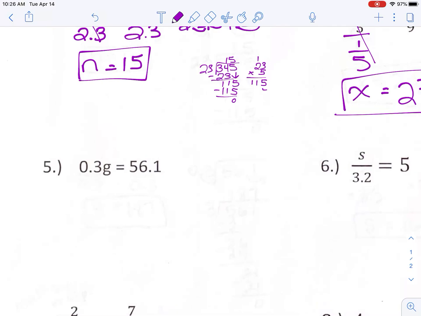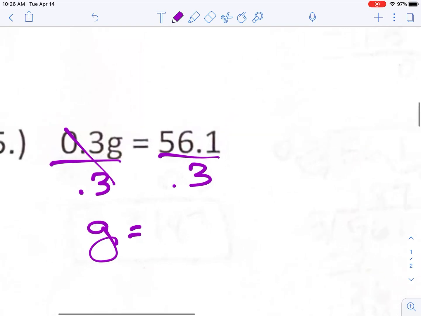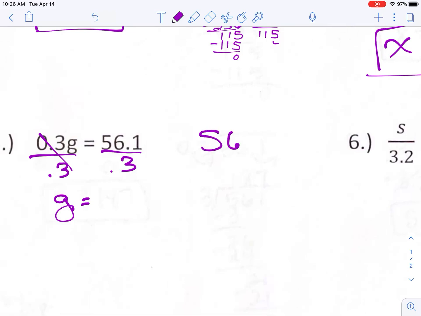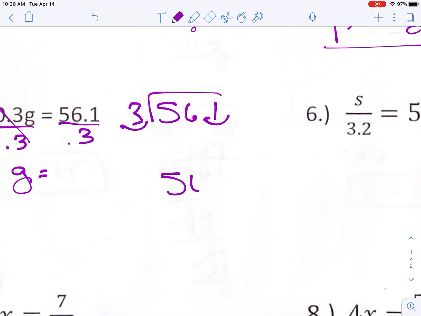Number 5, we've got a decimal. 3/10 times something is 56.1. We're going to do the inverse. Instead of multiplying, we're going to divide by 0.3 on both sides to get that g by itself. So we have 56 1/10 divided by 3/10. Again, we may not have a decimal in the divisor, so we're going to move it once on the divisor, which means we have to move it once in the dividend and rewrite our problem. 561 divided by 3.